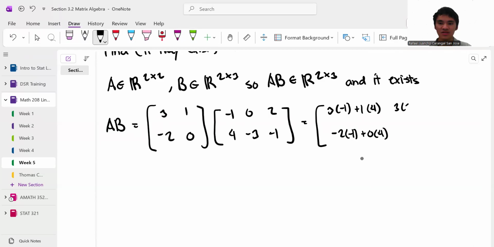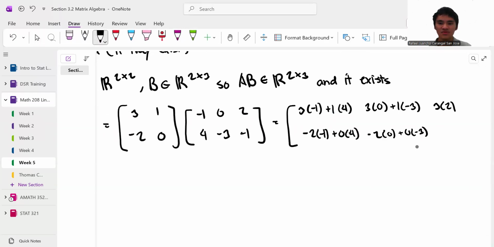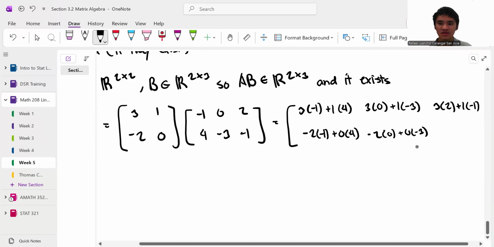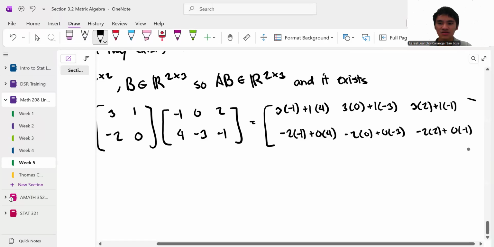So we say 3 times 0 plus 1 times -3. So this is A times the B sub 2 vector. Then we keep going. -2 times 0 plus 0 times -3, which is just a 0. And then we keep going. So we do 3 times 2 plus 1 times -1, -2 times 2 plus 0 times -1.